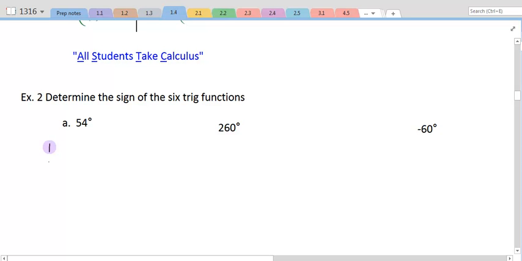So if I have just a rough sketch here, and I know that my angle is 54 degrees, 54 degrees falls somewhere here in quadrant 1. Since I'm in quadrant 1, I know that all 6 trig values are going to be positive. So drawing a picture helped me just visualize where my angle is falling so that I can then apply what I know about the functions.